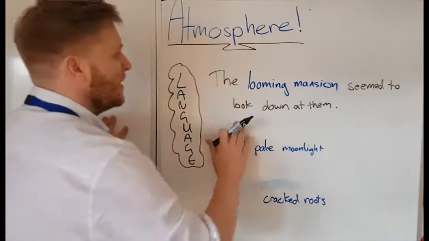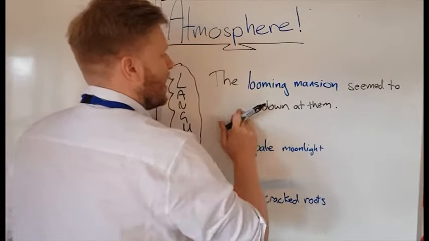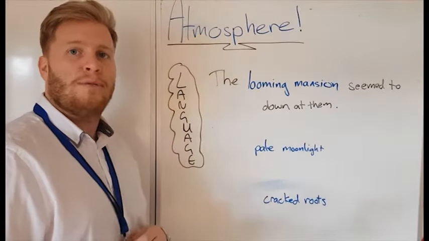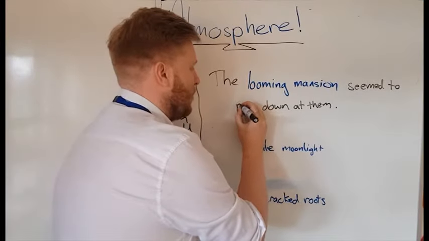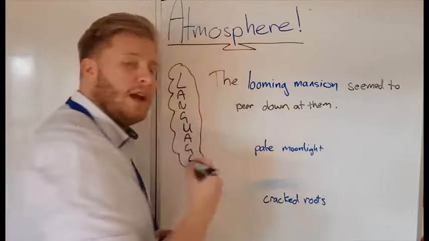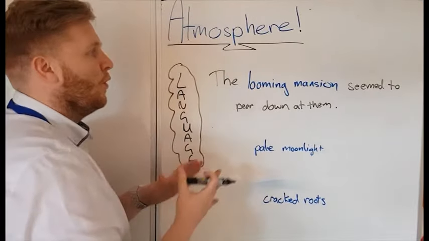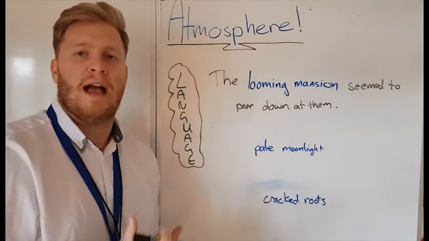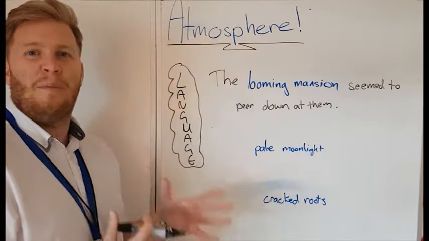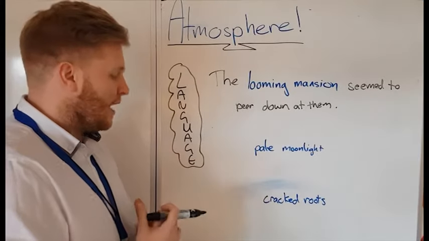Actually, I'm going to change that look, okay? I'm thinking about my language, I'm thinking about my verbs. I don't just want look, I want a word that really adds the atmosphere. It's going to peer down at them, okay? As if it's trying not to be seen. Again, I've changed one word, it changes the sentence quite a lot. The looming mansion seemed to peer down at them, okay? Makes it a little bit more foreboding. Really good language in there.